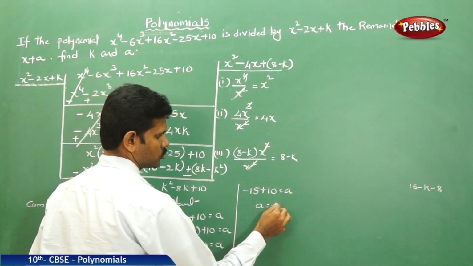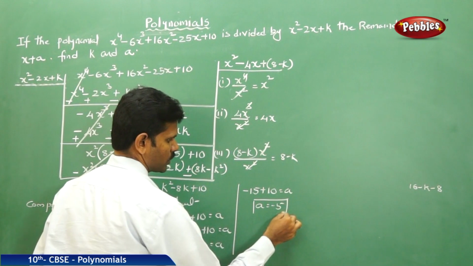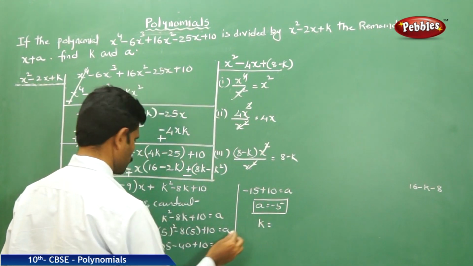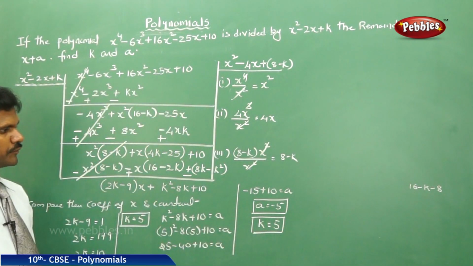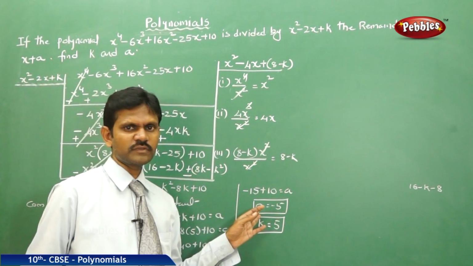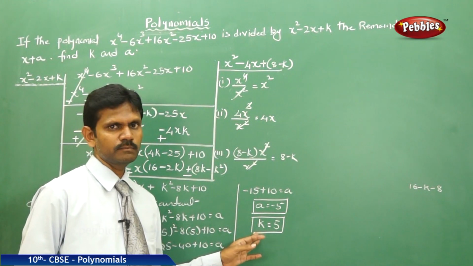Therefore a is equal to minus 5 and k is equal to 5. Okay, therefore the values of a and k are found.